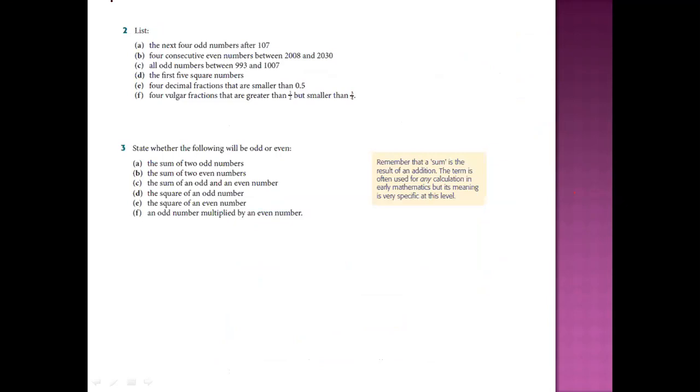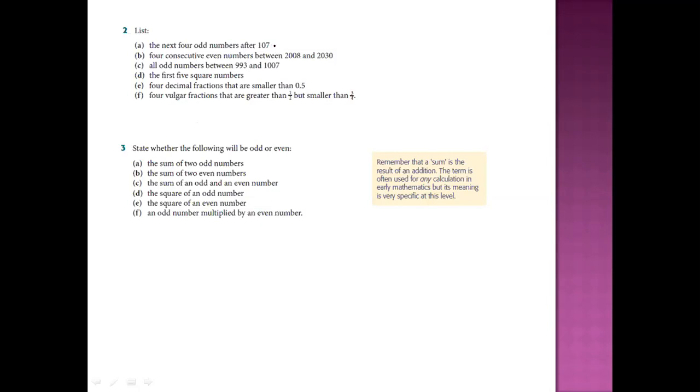There are also some more examples. If you want, you can stop the video and answer them, and please write your answers in the comments under the video lesson. If you write comments, I will reply. So, the next 4 odd numbers after 107, positive, exactly.